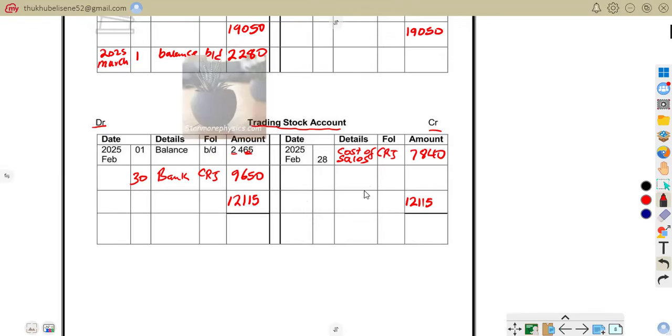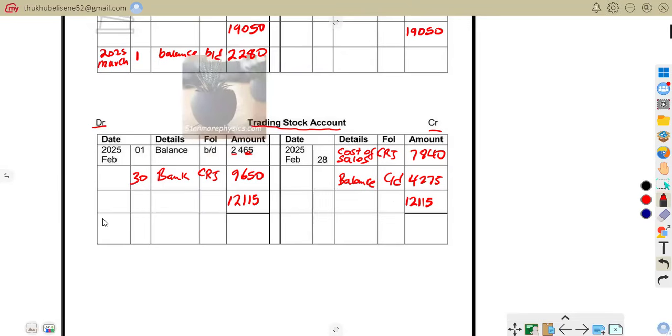So now we're going to say 12,115. You're going to subtract 7,840 from 12,115. It will give us a balance c/d, carry down, of 4,275, which is now going to be a balance brought down.